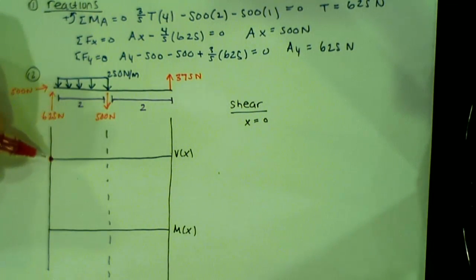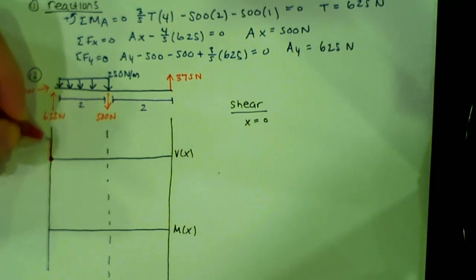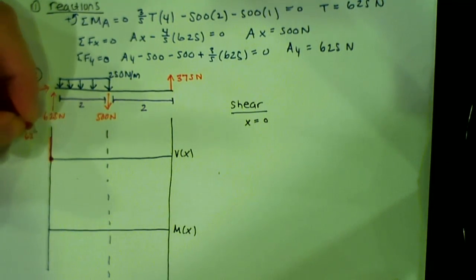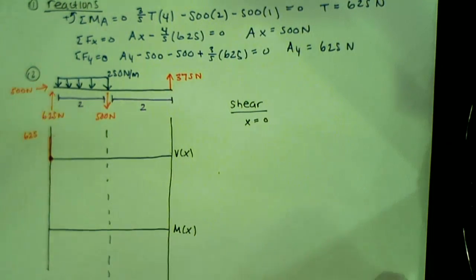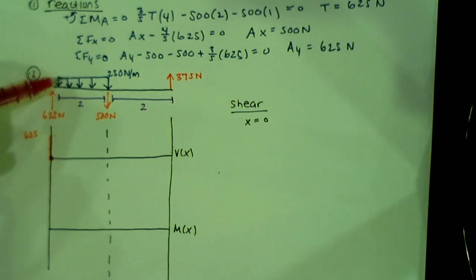What happens to him whenever he reaches this point? Yeah, he gets pushed up to 625 newtons. Now what happens to him as he runs along this section here? Yeah, he's going to gradually get pushed down. If this here is a constant, then what should this graph look like? Linear. Good.